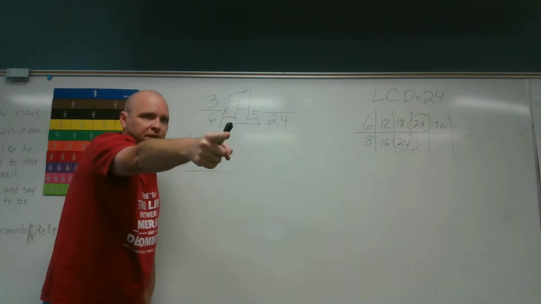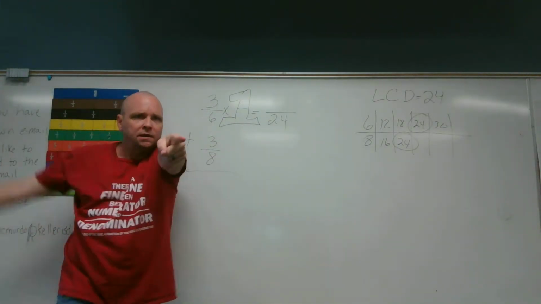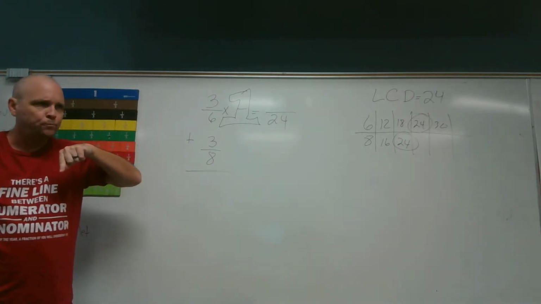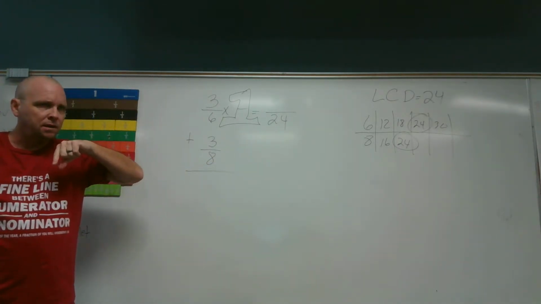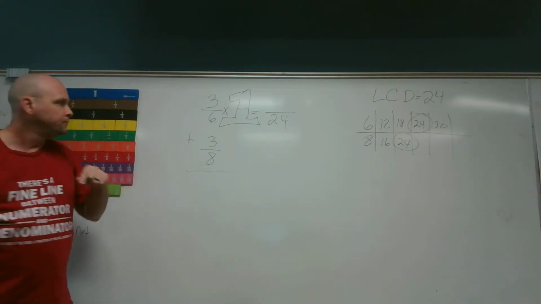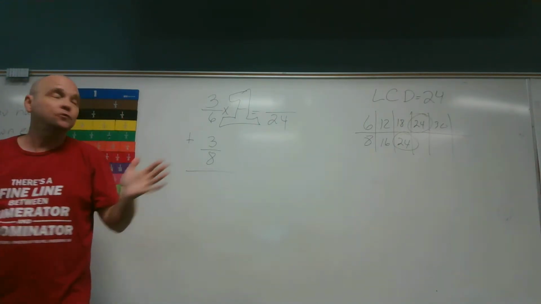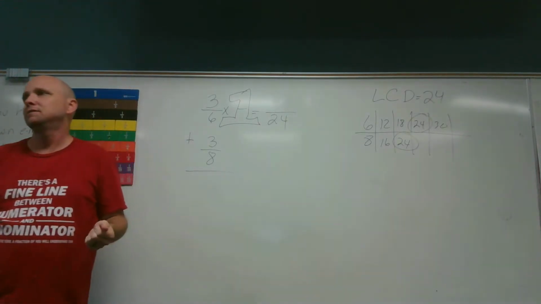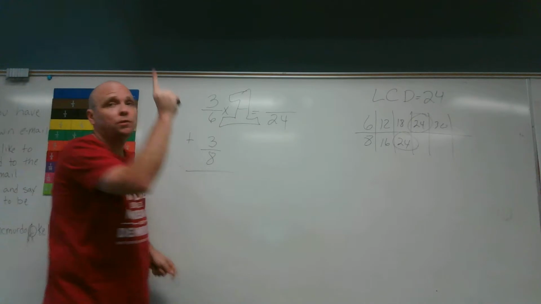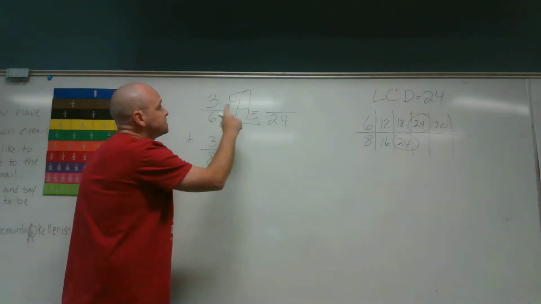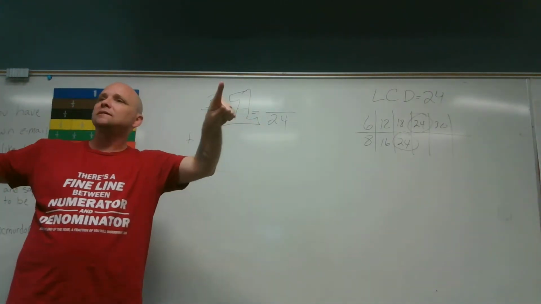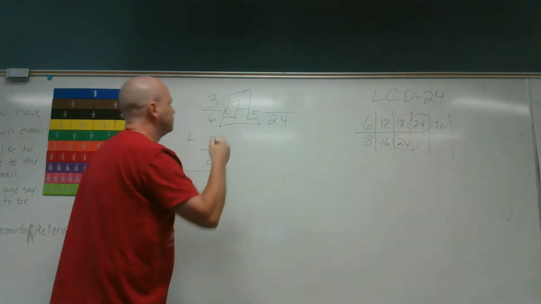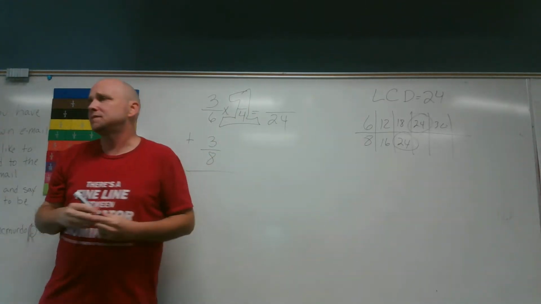But in an effort to teach some students how to multiply fractions, we're going to talk about it again. We need to multiply by 1, because if I multiply something by 1, it doesn't change the value. So we have to ask ourselves, 6 times what is 24? 6 times 4 is 24.